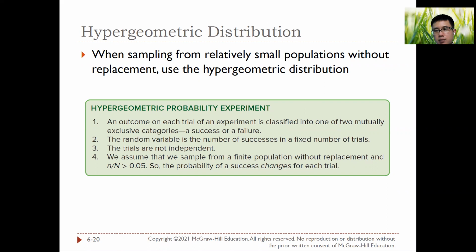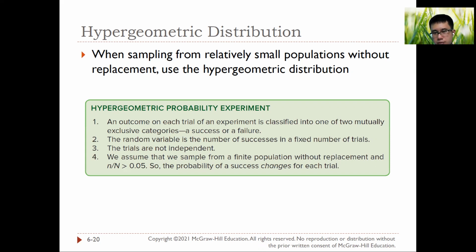We have 4 requirements here. The first is that the outcome of each trial is classified into only 2 mutually exclusive categories, similar to binomial: success and failure.